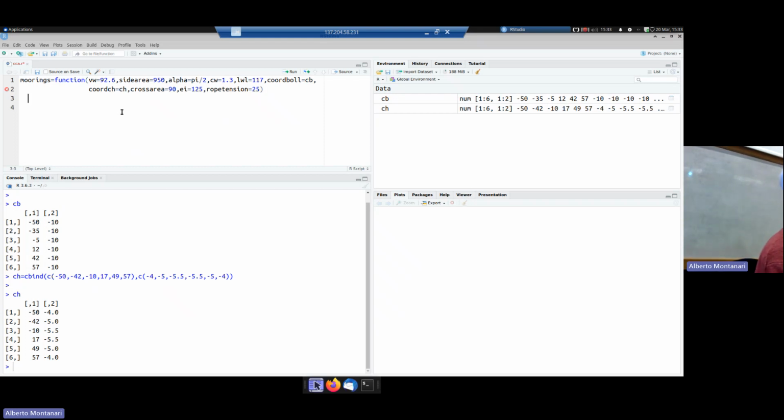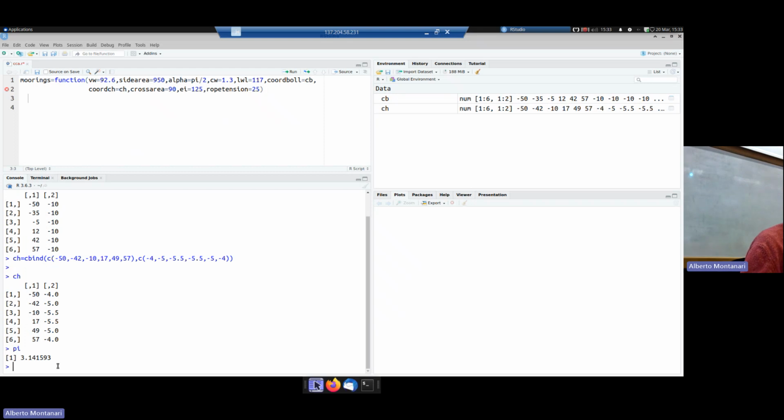And then there is the angle alpha, which is 90 degrees, pi divided by 2. Pi into R is, look at the console, pi. Okay, it's defined in this way. CW, waterline length, and the coordinates of the bollards.